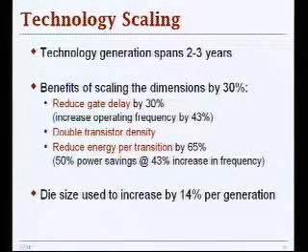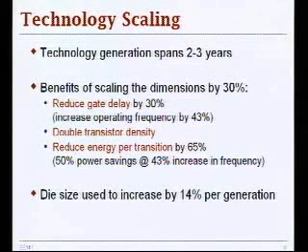Technology scaling happens about every 2 to 3 years. One generation spans about 2 to 3 years in time. What's really going on is a reduction in feature size, and there are other parameters that we will also discuss. So this leads to a reduction in gate delay by 30%, the same factor by which feature size is reduced, and that's going to become clear in a moment.